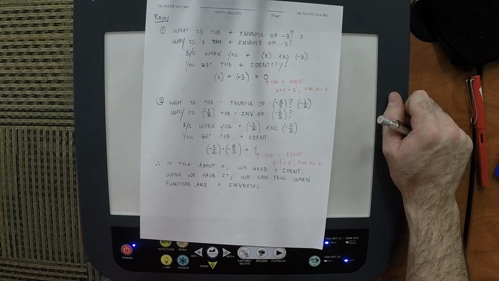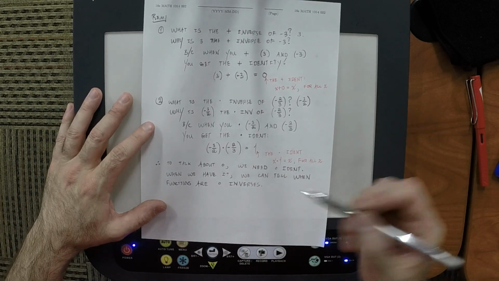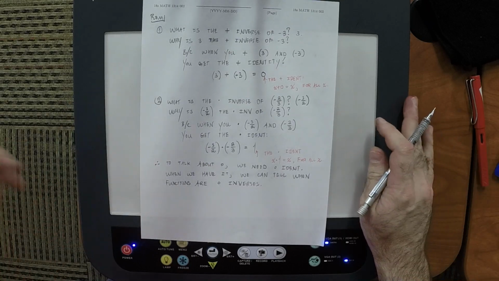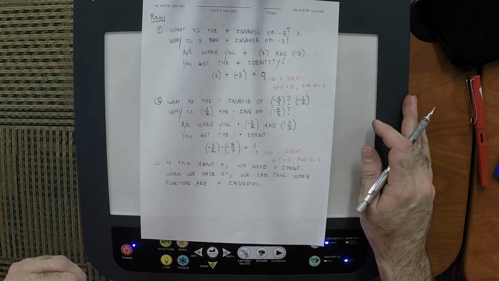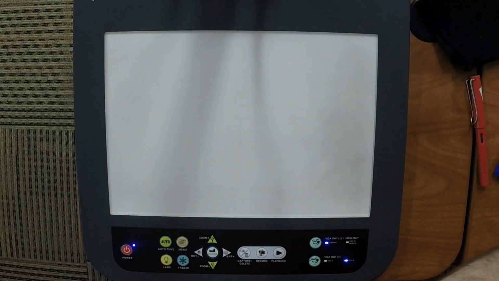Is -3 the additive identity? It is not, and therefore these two are not additive inverses. As a result, whenever we figure out on the next page what the compositional identity is, we can tell when two functions are compositional inverses when we compose them and get that compositional identity. Okay, so we need to figure out what it is.